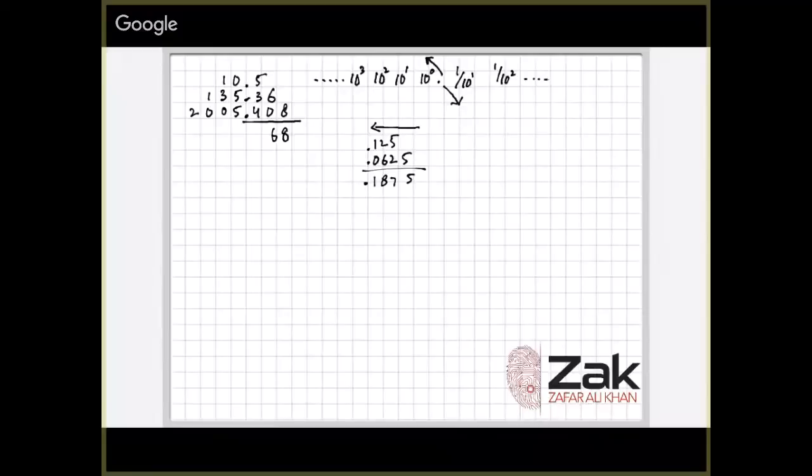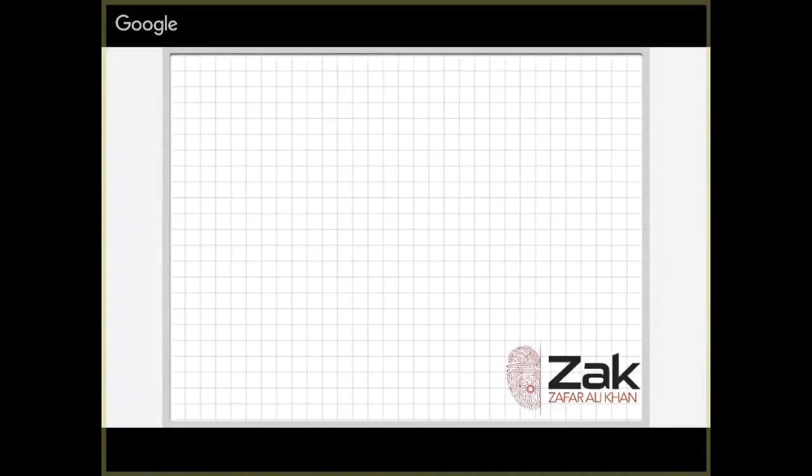Let's say I have got 0.5, 0.25, 0.125, 0.0625, 0.03125, and 1, 2, 4, 8, 16, 32, and 64.